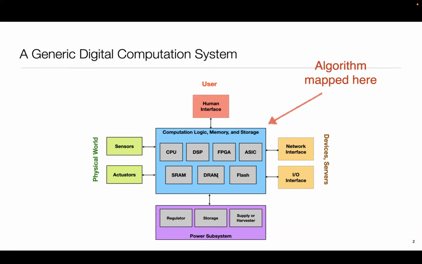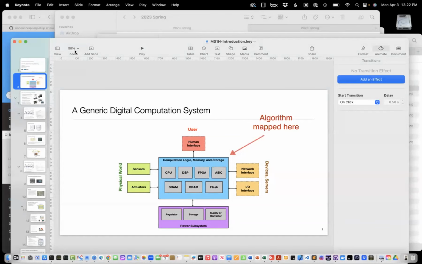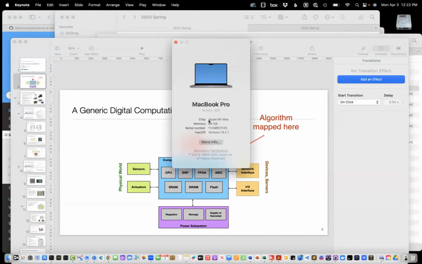DRAM is literally one transistor and a capacitor to store one bit of information. So DRAM is as efficient as it gets. And so this is what we rely on for the bulk of our memory. So those DRAM memory sticks that you buy to put into your laptop or computer, if you've ever done that, or for example, if you look at this Mac, it says memory.